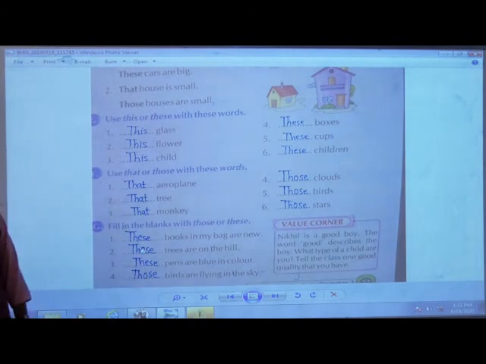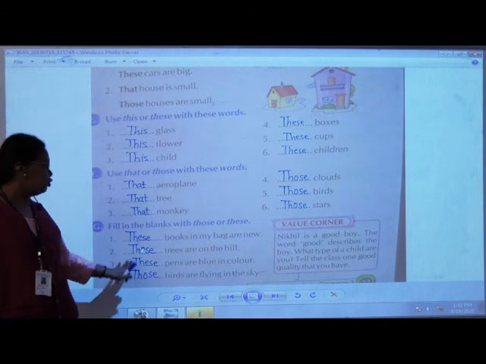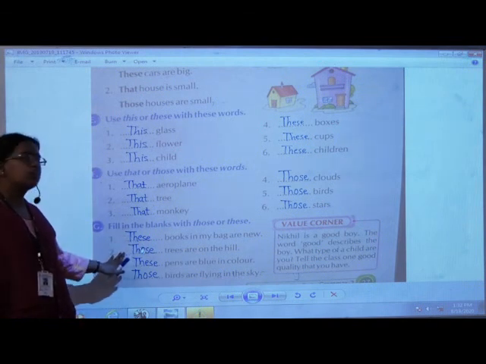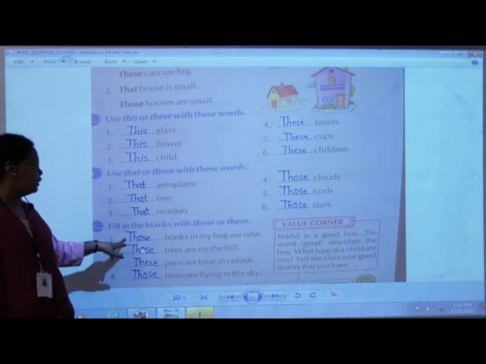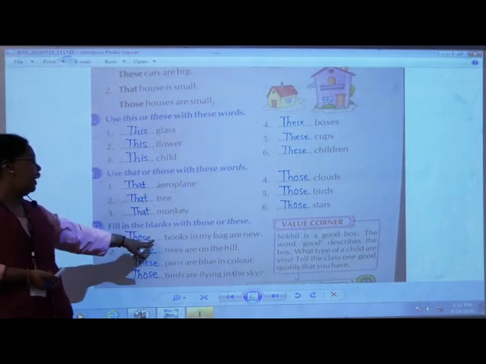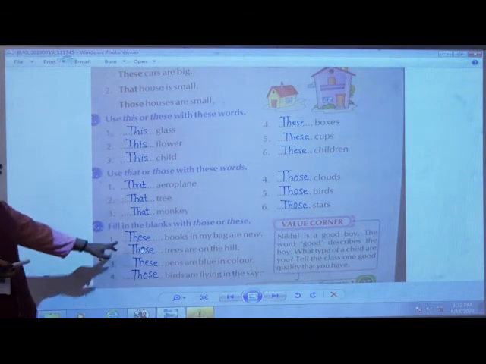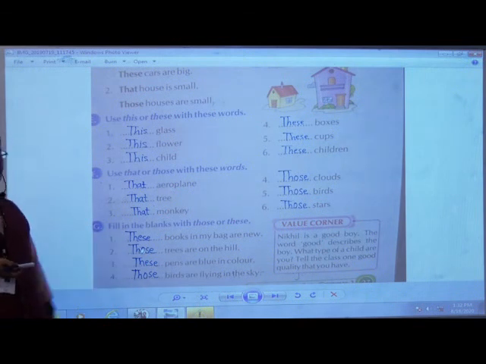Okay, children. So what we saw is how to differentiate when to use these and when to use those. When do we use these? When it is very close to us and it is more than one. And those, when will we use?